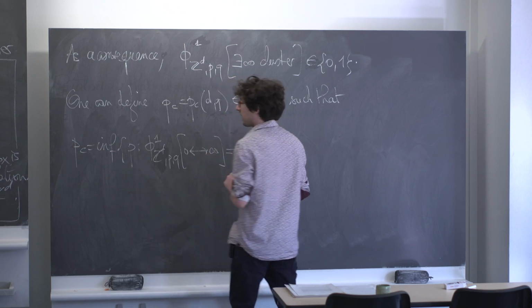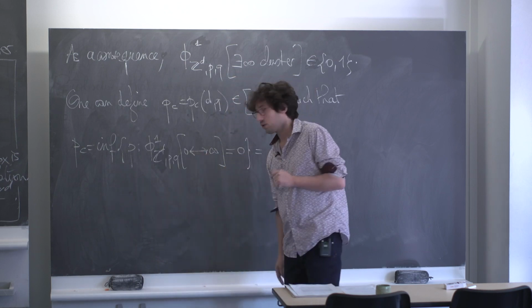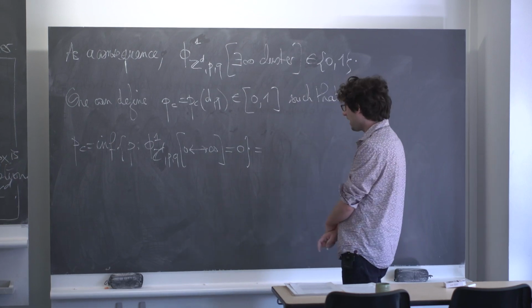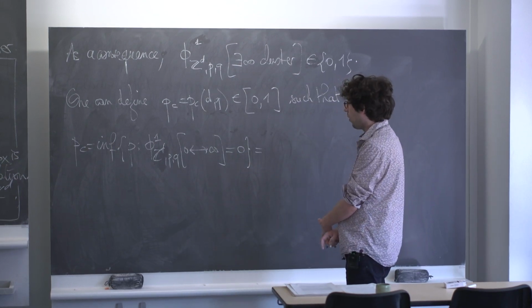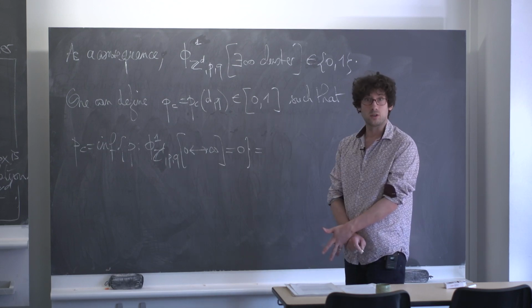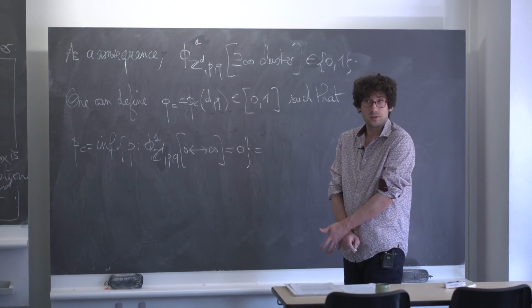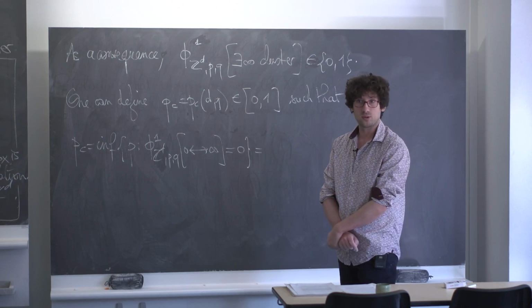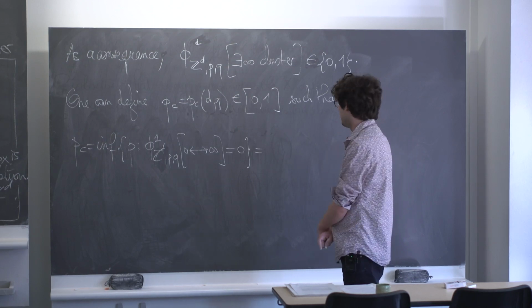And this, by invariance under translation, if it's 0 for 0 connected to infinity, it's 0 for x connected to infinity for every x. Therefore, it means there is no infinite cluster, because if there is an infinite cluster, then there exists a point among a countable number of points which is connected to infinity.